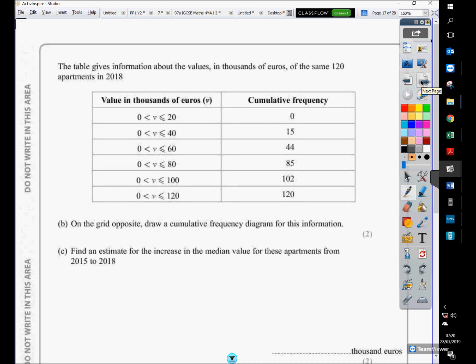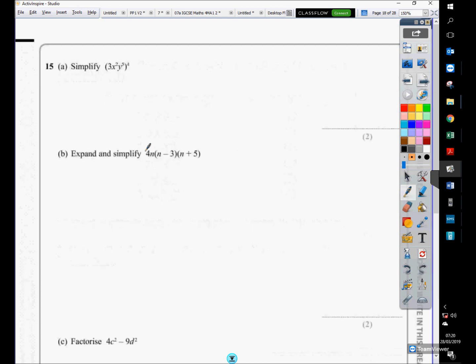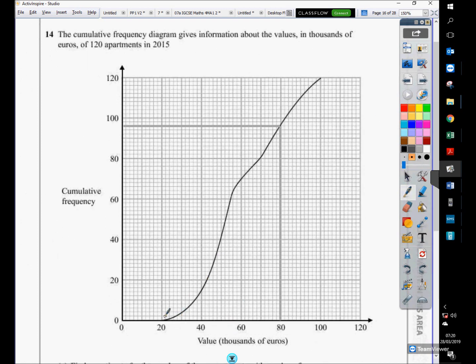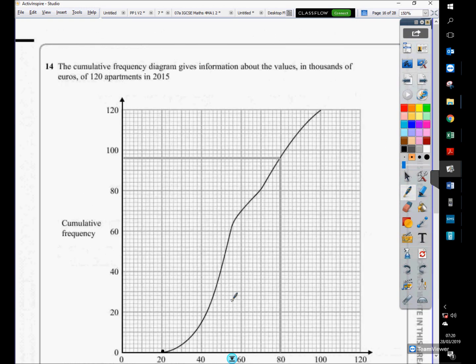On the grid opposite, draw a cumulative frequency diagram for this information. So remember, cumulative frequency is plotted at the end points. So 20, 0. Each square is worth 2, remember.